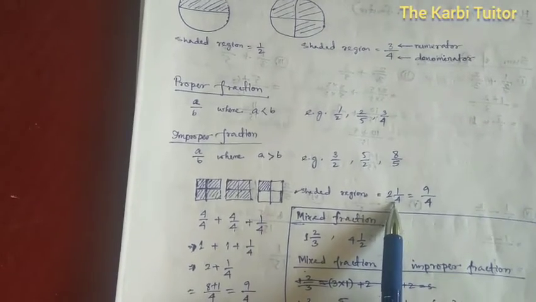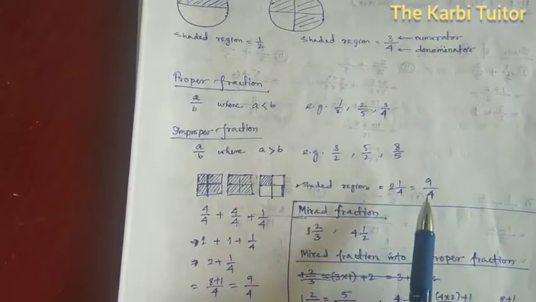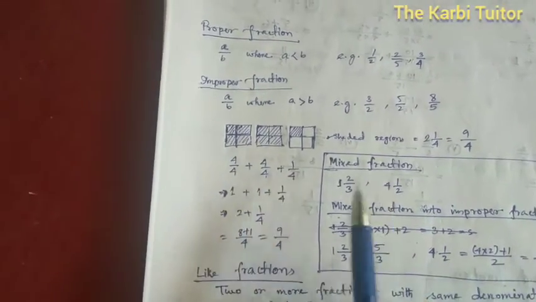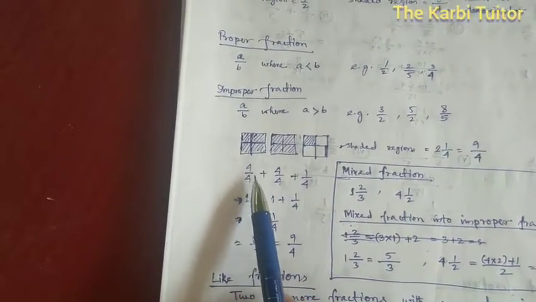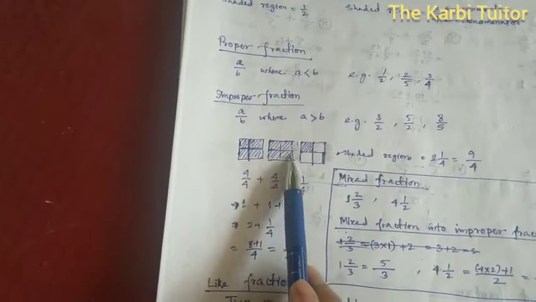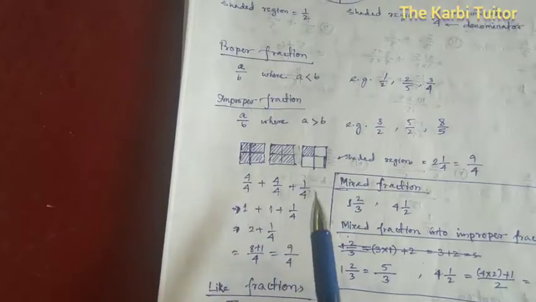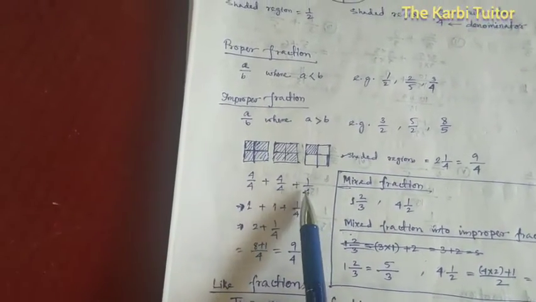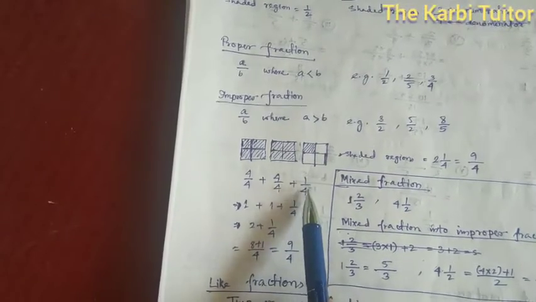Then this becomes 9 by 4. Here we can check: 4 by 4, that means 4 parts are shaded out of 4. Total 4 parts, and all the parts are shaded. Here one part is shaded out of 4.